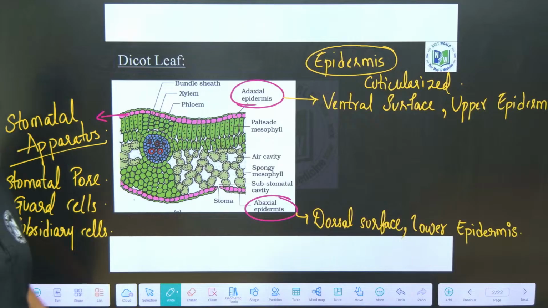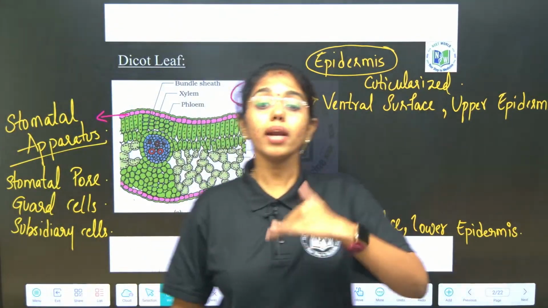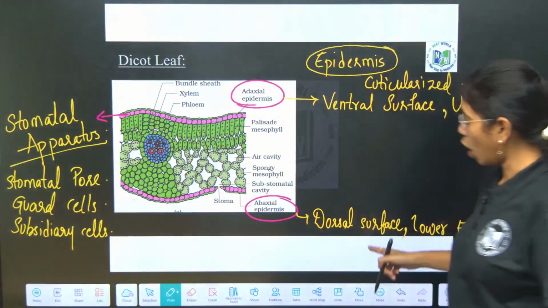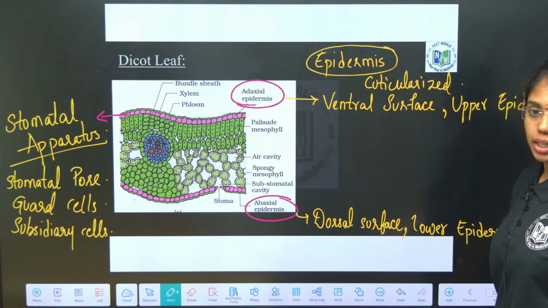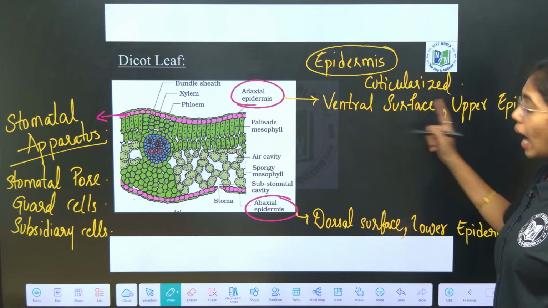And here in a dicot leaf, more number of stomata are present on the dorsal surface or lower epidermis, and less number of stomata are present in the adaxial epidermis or the upper epidermis.